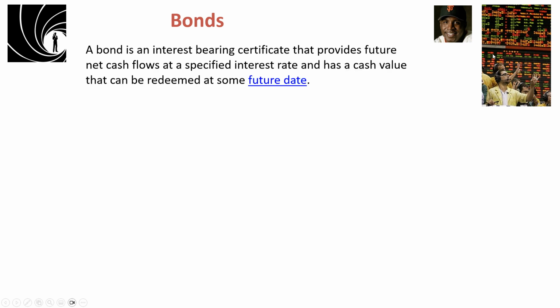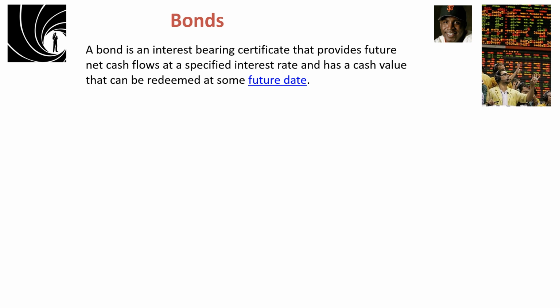All right, now let's talk about bonds. We're not talking about James Bond, we're not talking about Barry Bonds, we're talking about the investment type where it's a certificate or a legal agreement that you make with an organization or a government where you provide them with a lump sum payment now, and in exchange for that, they promise typically to give you a series of interest payments over time and then a lump sum return of your principal at some date in the future.